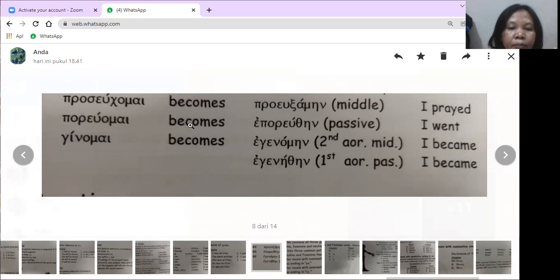Poreuomai becomes eporeuthen, passive, I went. Ginomai becomes egenomen, second aorist middle, I became. Egenethen, first aorist passive, I became.